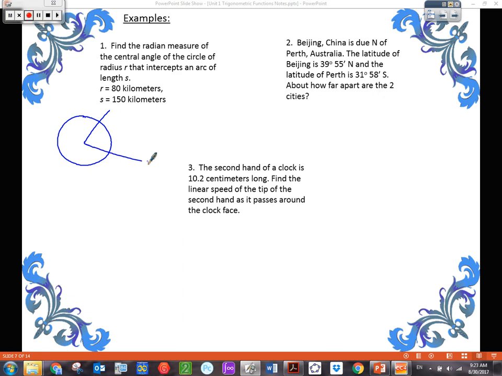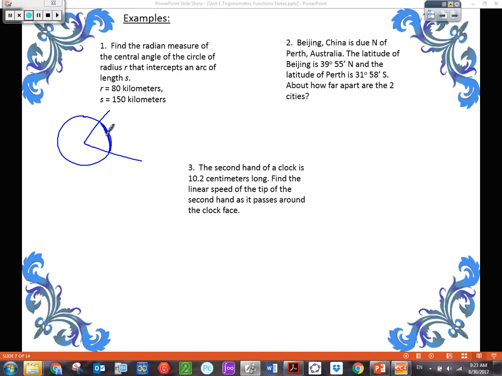I'm drawing this exaggerated so that you understand what an intercepted arc is. This part right here, and I think once you see that the angle measures, those sides have been extended, you can see why they call it the intercepted arc. You with me? If you were to extend the angle lines, that would intercept that arc.